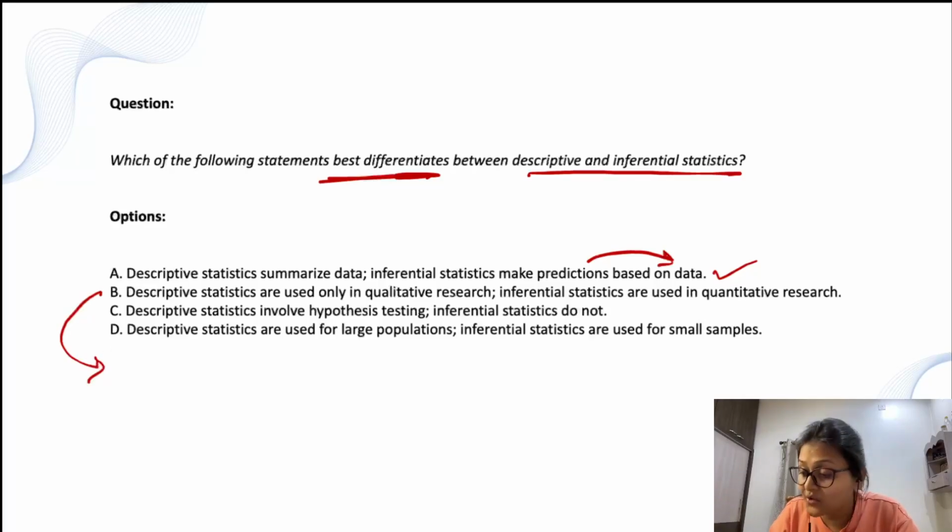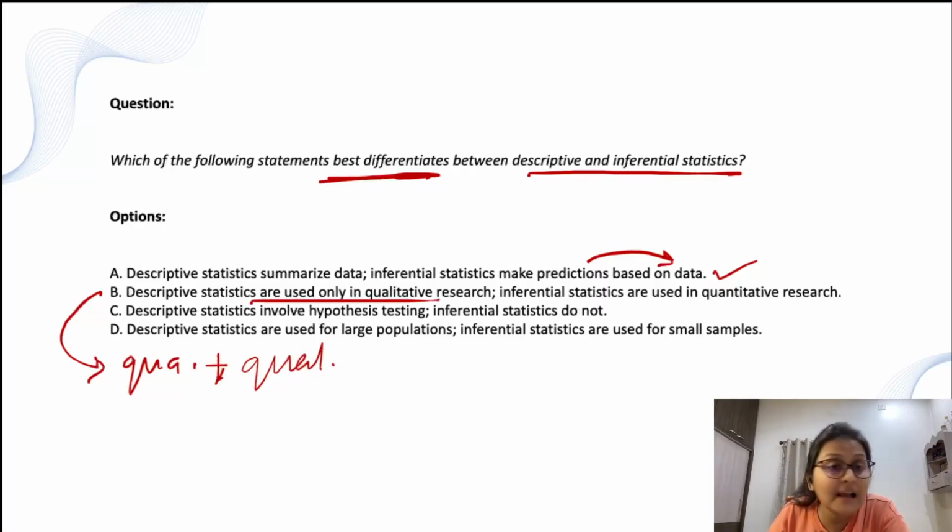So that is of a qualitative nature, and it even takes into account the quantitative aspect, like it measures the average income levels, the number of students passing a particular exam. So it is based upon the qualitative plus the quantitative data. So the first part of this is absolutely wrong.